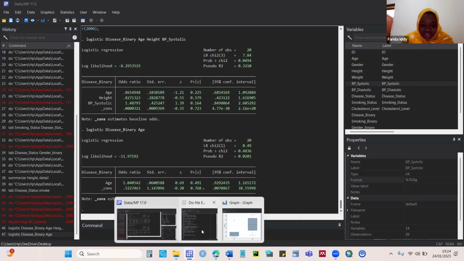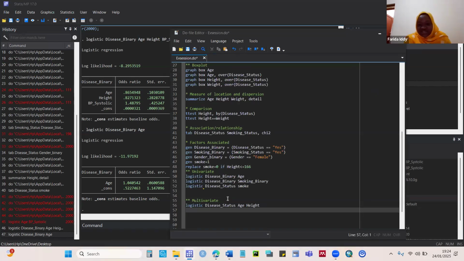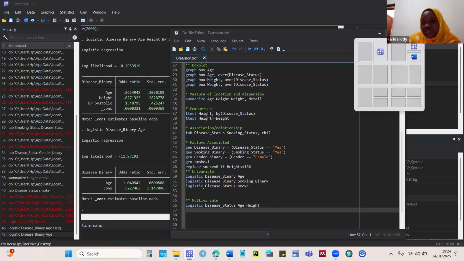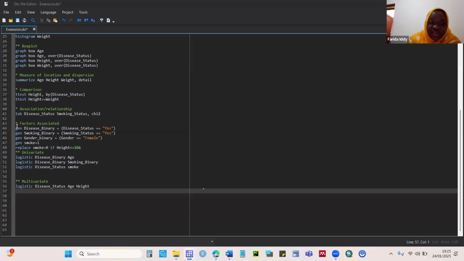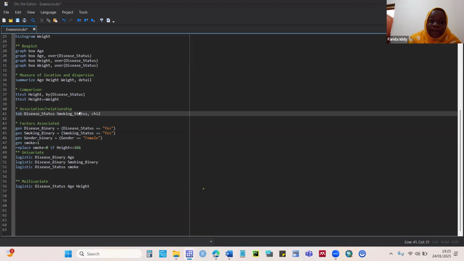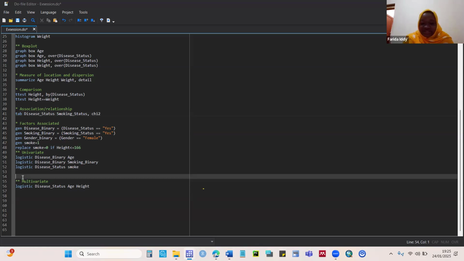Then I'll share this code together with the data set so that you can practice, and you have hands-on practicals so that you can understand. I think by doing more practicals, you can also decide to use a different data set, maybe the data set you have, and you try to do a t-test, a chi-square, or univariate analysis and multivariate analysis.